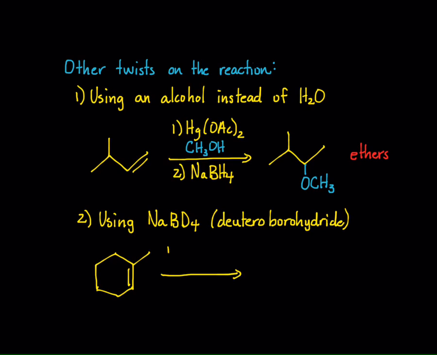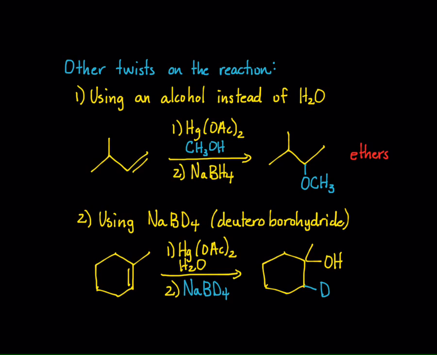So for example, if I took 1-methylcyclohexene and reacted it with mercury acetate and water, followed by that reduction with NaBD4, instead of a hydrogen adding to that bottom carbon, I would have a deuterium adding to that bottom carbon. So understanding how each reagent works is certainly key to understanding the product outcome of this reaction. So all these little twists make organic chemistry fun.